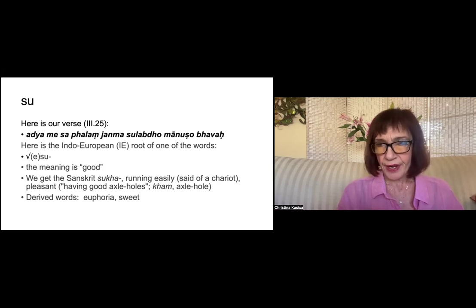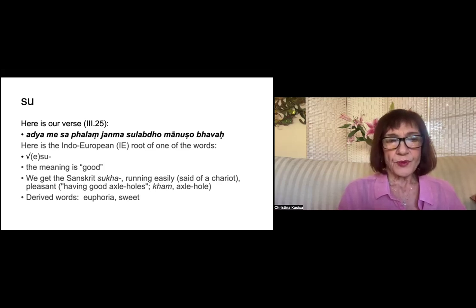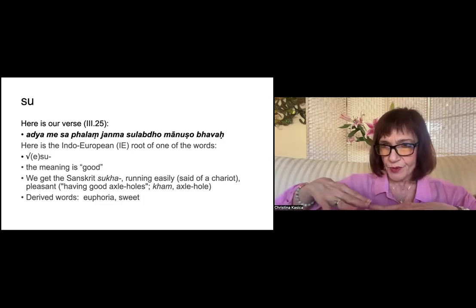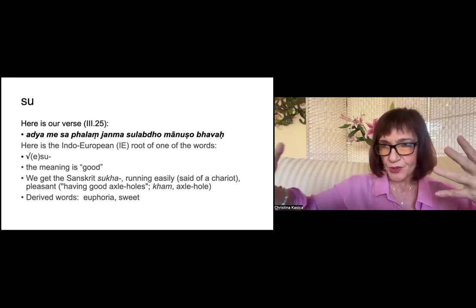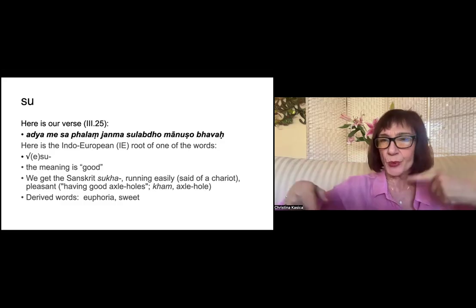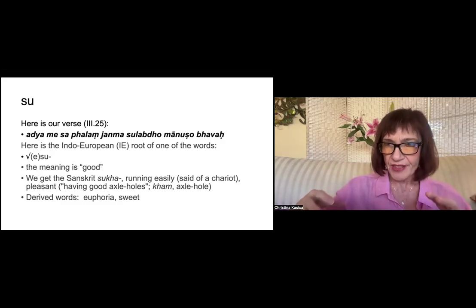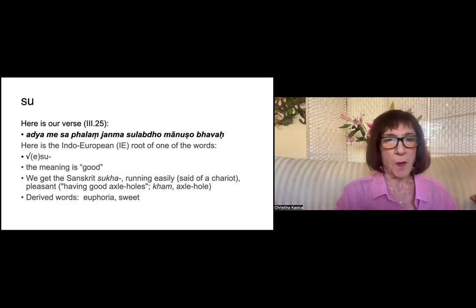So in Sanskrit, esu gives rise to sukha, which is a word meaning good. We know it in sukhasana and many other Sanskrit words. It basically means runs well. It was designed to describe a chariot that had nice round wheels with good holes in them for the axles to go through.